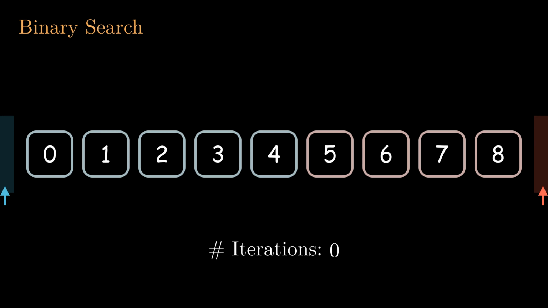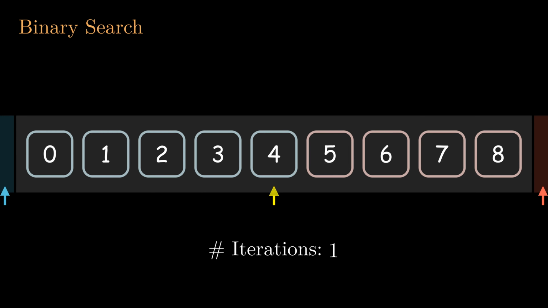We can do this. We can check the color of the element in the centermost position of the array. Here, we can see the element is blue. What does the element being blue imply? It means this element and all the elements to its left are blue. Then, we can extend the blue region all the way to this element.